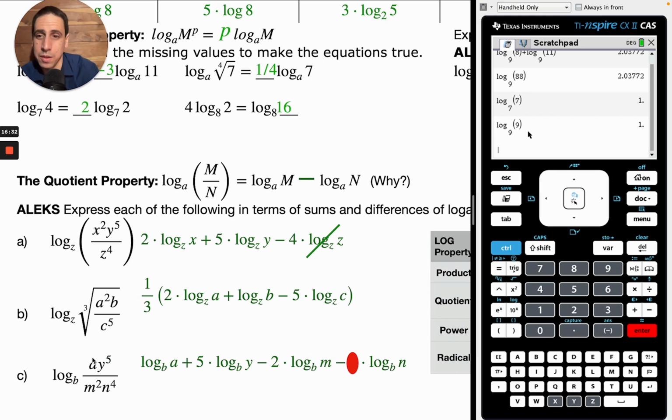All of this is on the inside of the log base b. And both m and n are dividing a and y, so you'll have subtraction for both of these. The exponent on m is 2, and that's why there's 2 on the outside. Log base b of m, and I'll leave it to you to figure out what is being multiplied on the outside of log base b of n.